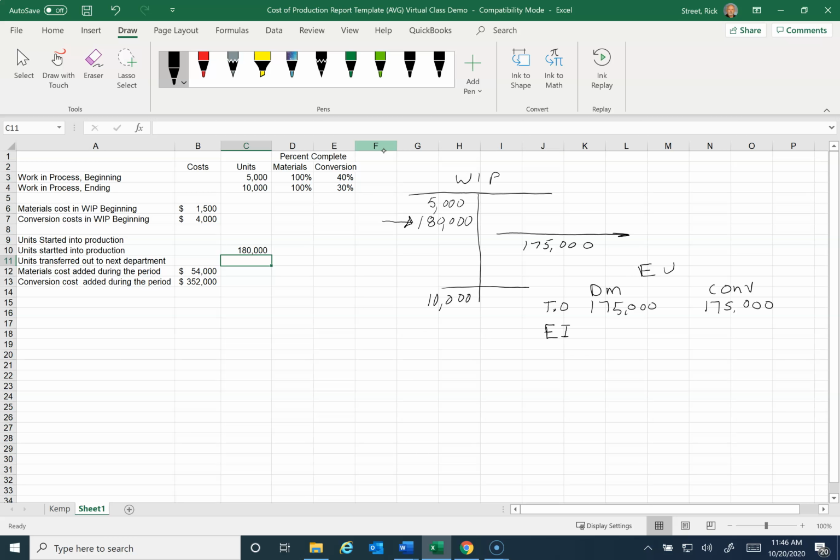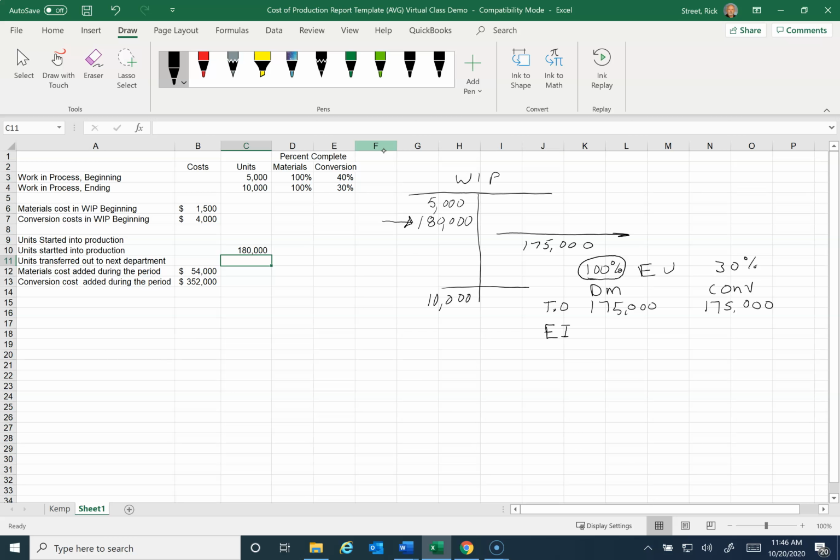So we've got direct materials, which are 100% complete. That pretty much means that they are entered into the process at the beginning of the period. And conversion costs are complete only to the tune of 30%. That means that they're probably entered at a fairly even pace into the production process.